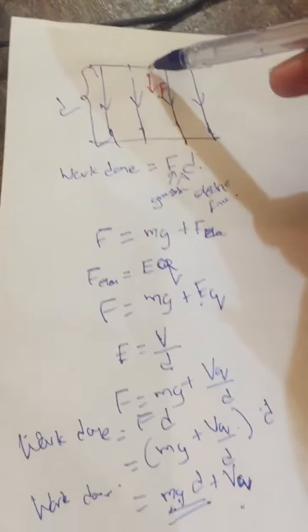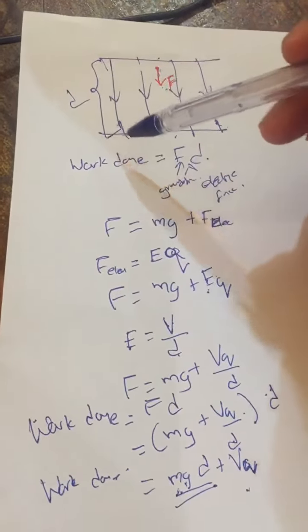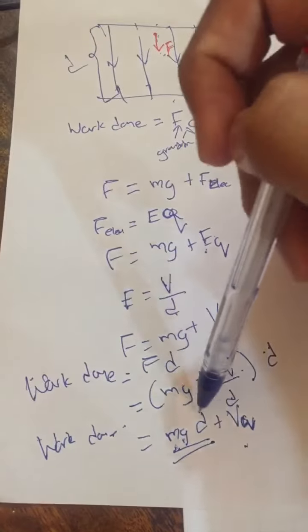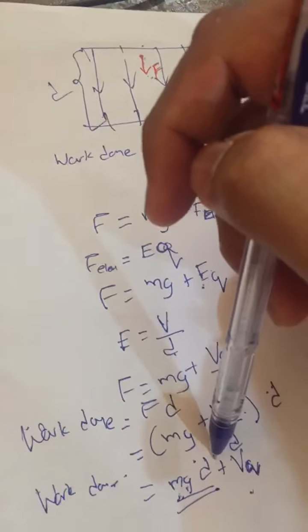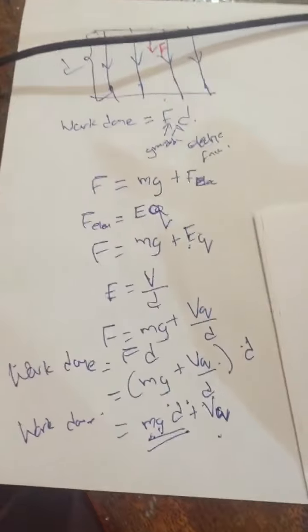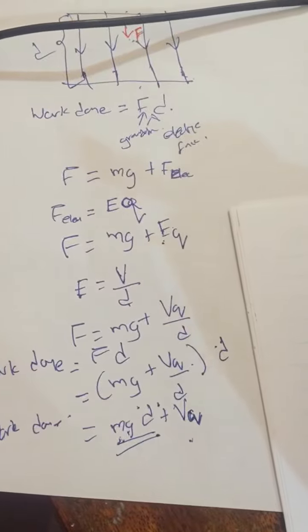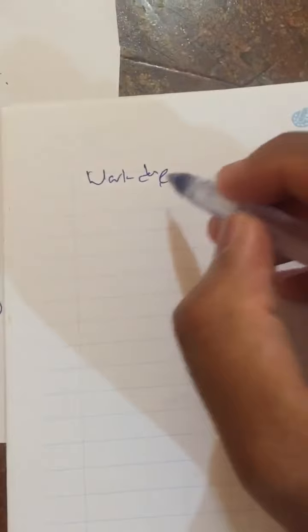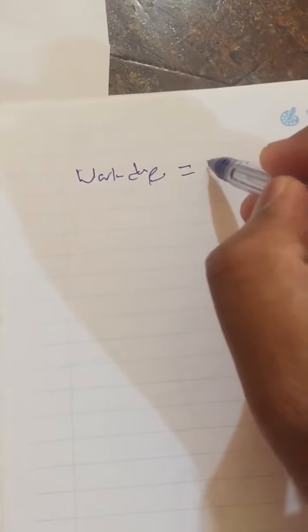When the object comes from top to bottom, it falls through height of d, so the loss in gravitational potential energy is mgh. Okay, so this work done, the work done by both the electric force and the gravitational force, becomes the gain in kinetic energy, right?